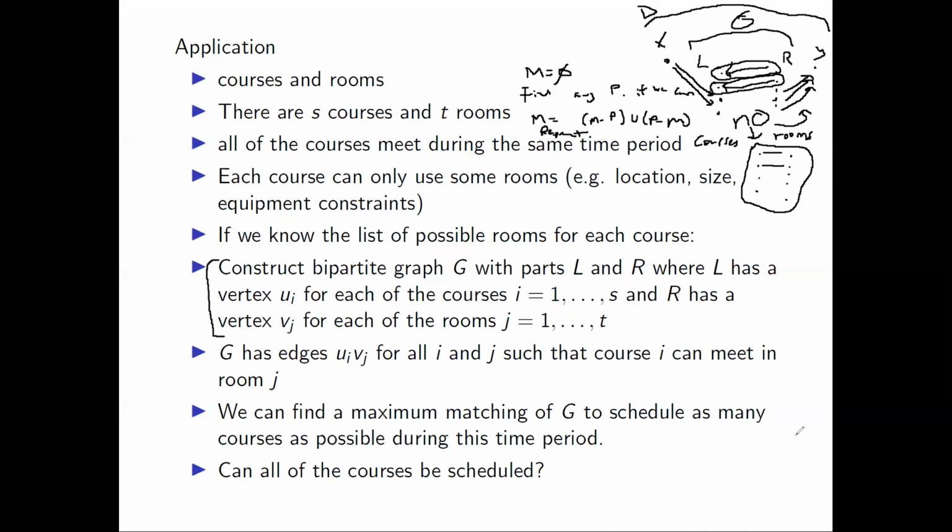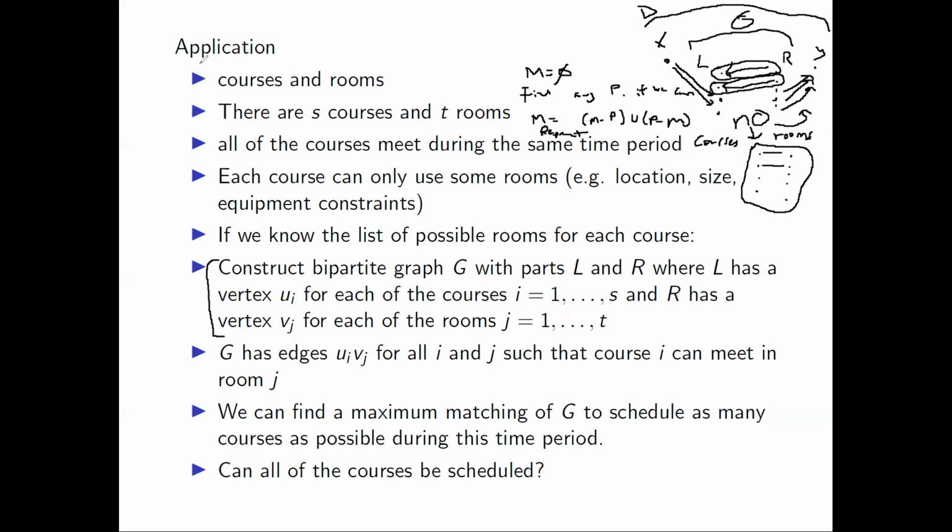Now, that example was pretty easy to see. If we had any arbitrary bipartite graph, we could still apply the same algorithm we discussed. We find its maximum matching. If its maximum matching has all the courses as vertices in edges in the matching, then we're able to schedule all the courses. And if the maximum matching is missing some course, some vertex on the left side that's not in any edge in the maximum matching that we find, then it's not possible to schedule all the courses.